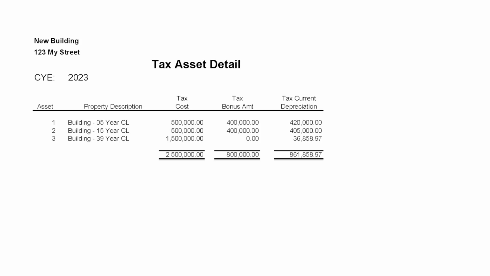Our result with our example is that now our first year depreciation is going to be $861,858. That is a huge increase. And now you can see why that big pop in depreciation taken as an expense all in 1 year can reduce my taxable income all the way down to 0.